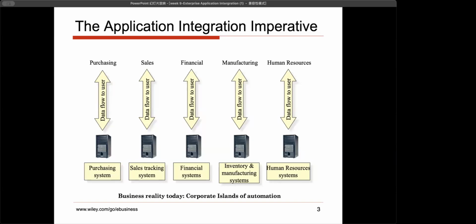You can see the purchasing system, sales tracking system, financial system, manufacturing systems, and human resources, each corresponding to a different function. For example, data flows to the user. The first one is purchasing, the second one is sales, the third one is financial, the fourth one is manufacturing, and the fifth one is human resources.